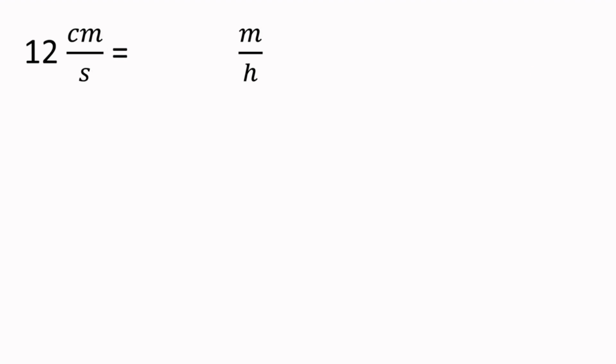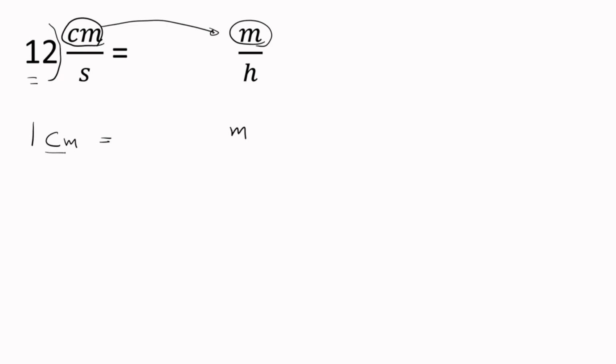Here we have 12 centimeter per second, and we want to convert it to meter per hour. We have metric system here. So first, let's put this number aside. We are going to return that in the following steps, and I want to convert centimeter to meter. So 1 centimeter is equal to meter.